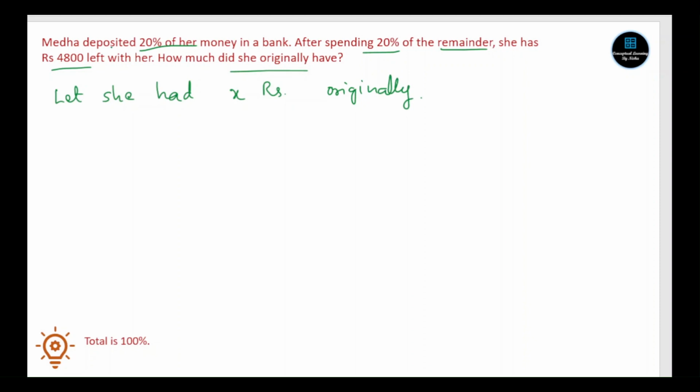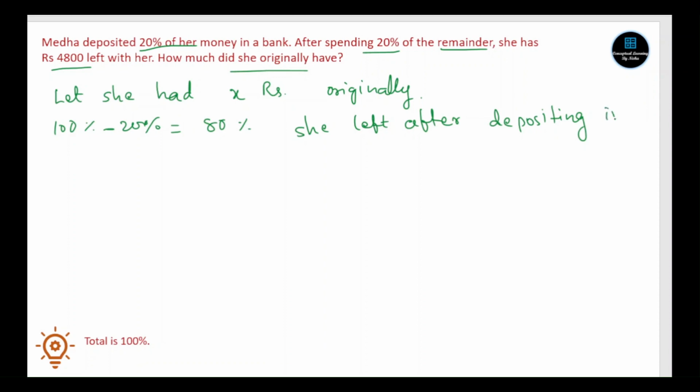Now, she deposited 20% of her money and she is left with 80% of that, correct? So, 100% minus 20% is what? 80%. She is left with that after depositing in the bank.